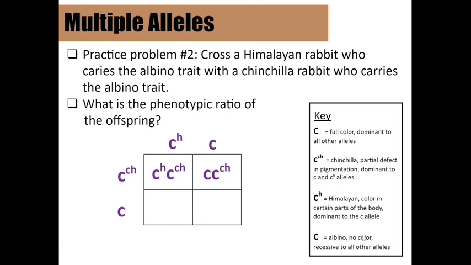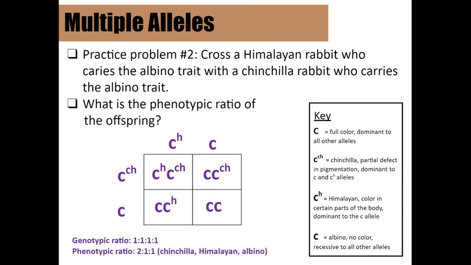So let's cross this. So once again, our genotypic ratio is going to be 1 to 1 to 1 to 1 because all of our boxes are different. But you will have a 2 to 1 to 1 phenotypic ratio. So for every 2 chinchilla, you'll have 1 Himalayan and you'll have 1 albino.